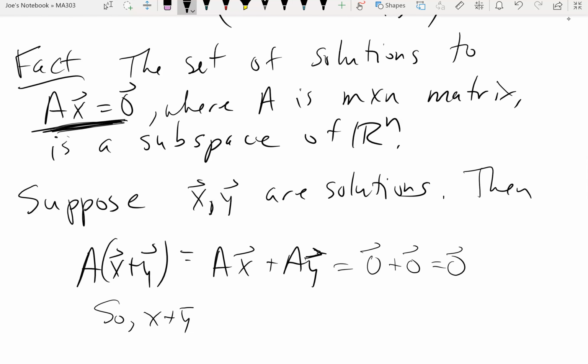So we get x plus y is also a solution. Like I said, that's one piece of being a subspace, right? Showing that it's closed under addition. You should be able to do the scalar multiplication. It's very, very similar. All right?